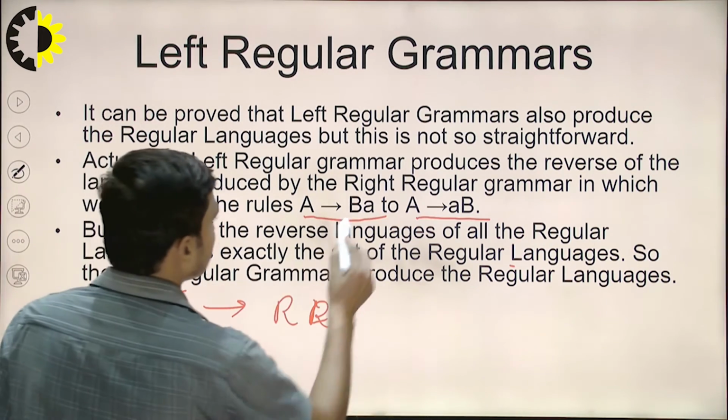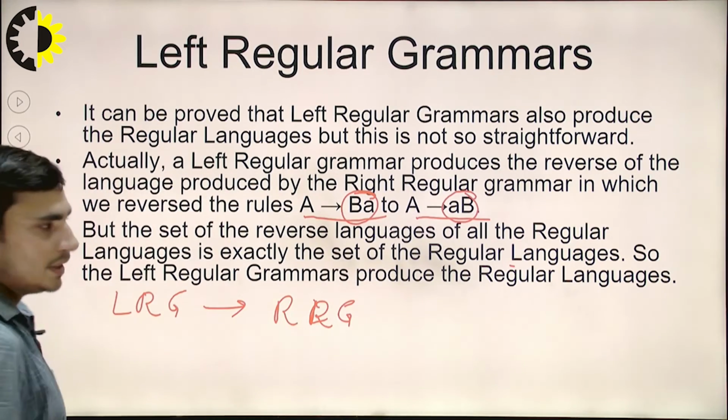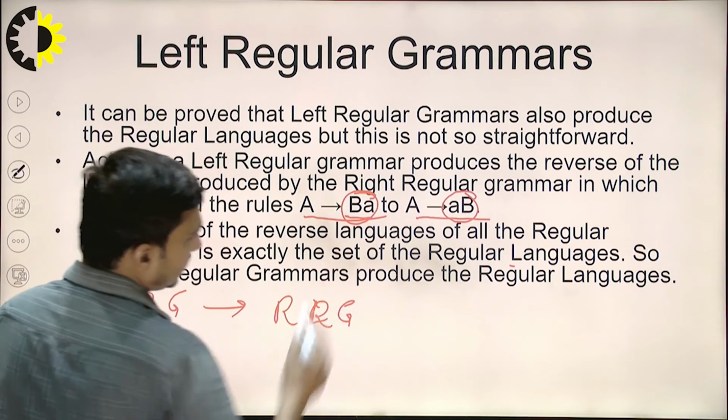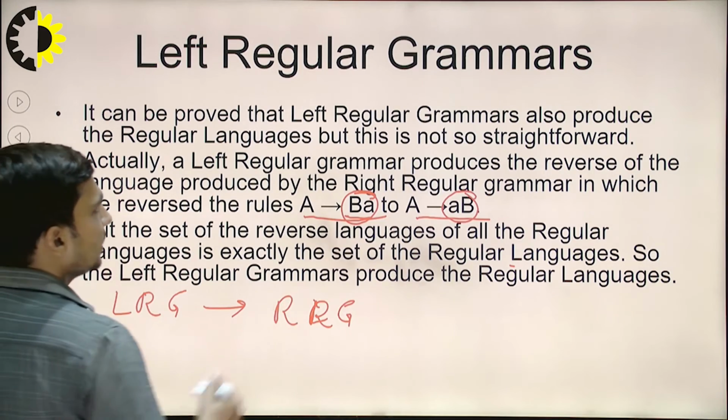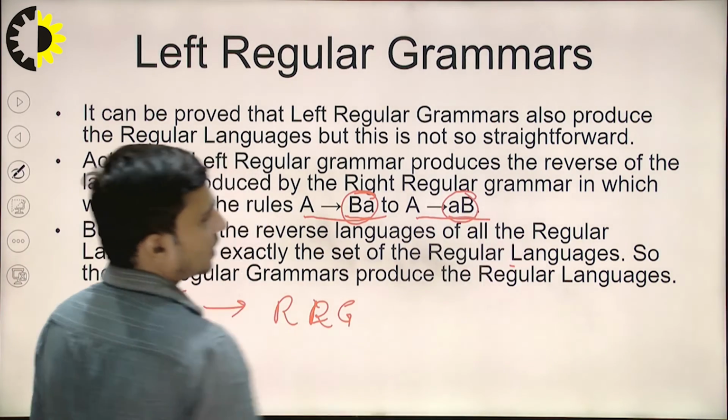You can see that we are reversing the right side of the production, converting the production of left regular grammar to a production of right regular grammar.